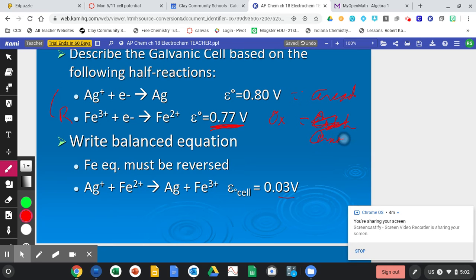This is the anode. This is the cathode because it's reduced. I try to always remember it. I just showed you how well my memory is working right now. These are both vowels, and that's how I remember: oxidized, anode; reduced, cathode. And so this is what we've got going on here.